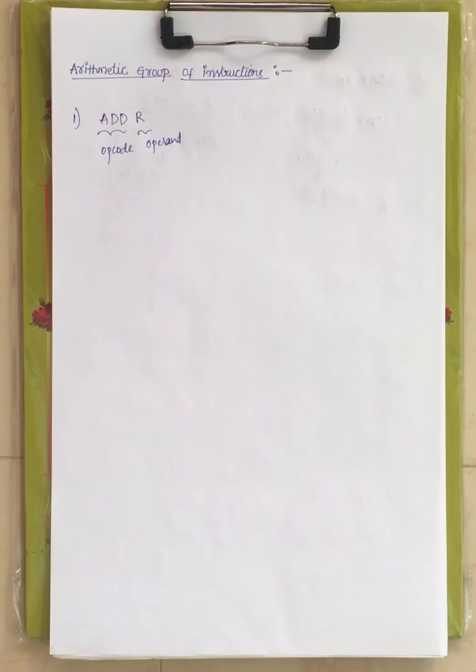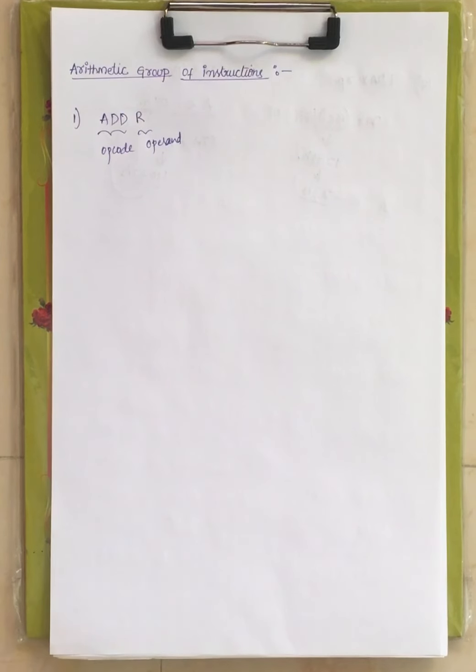What is the operation here? We are mentioning only one register. Whether we mention it or not, it will automatically take the contents of the accumulator register, as I have said earlier.